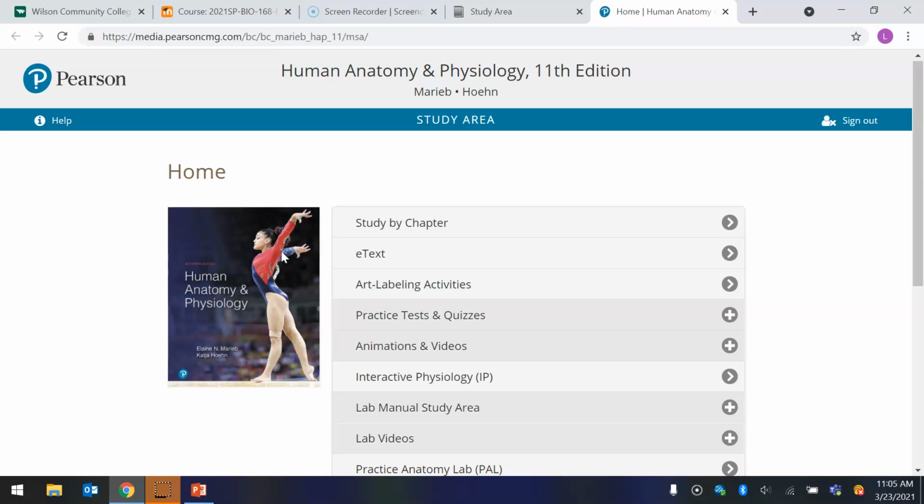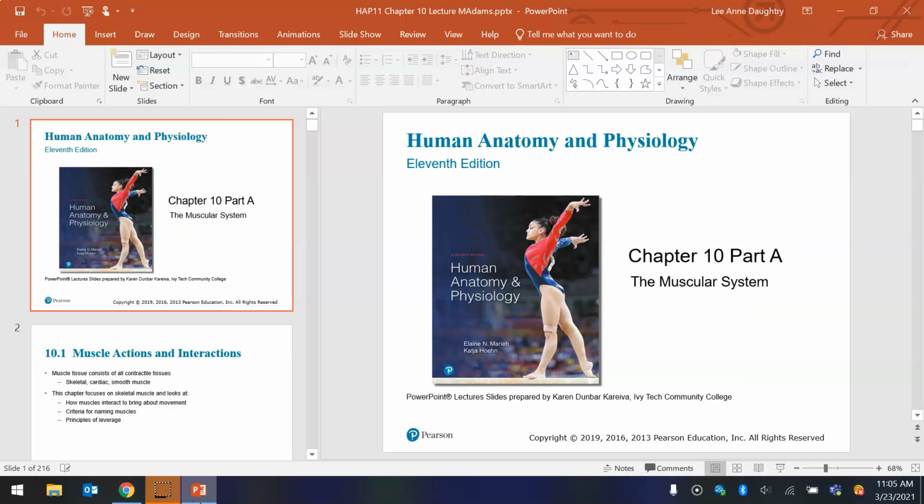It's going to be really important for you to do your art labeling activities for Chapter 10, and of course, study all the figures on muscles in the PAL cadaver and the PAL model labs. And those will help you with the practical exam, but they will also help you with your next lecture exam.